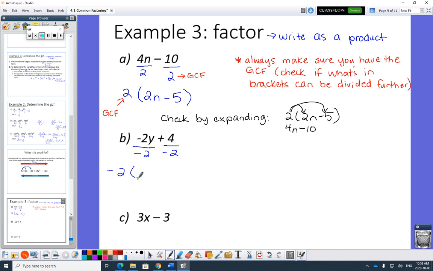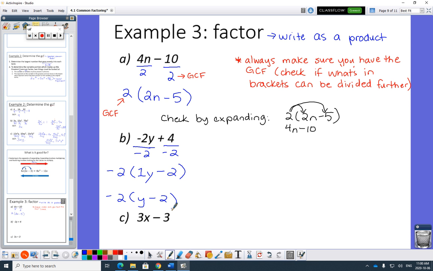And if you're not good at this, just do it in your calculator. Negative 2 divided by negative 2 is 1. So you can write 1y, or just y, whatever you like better, okay? And then 4 divided by negative 2 is negative 2.